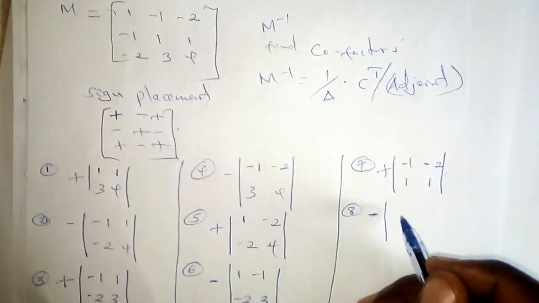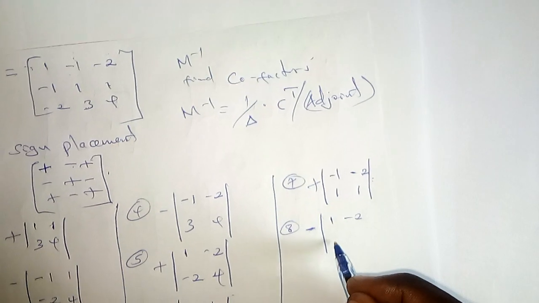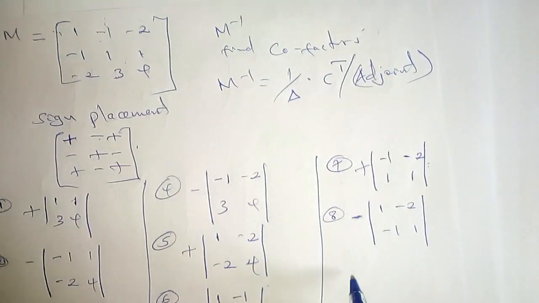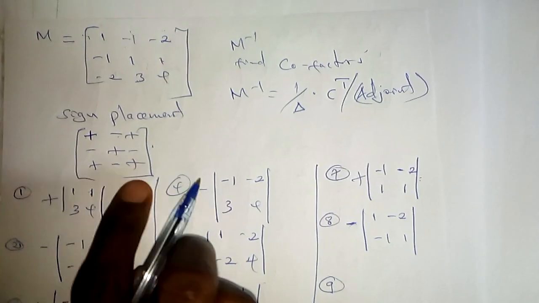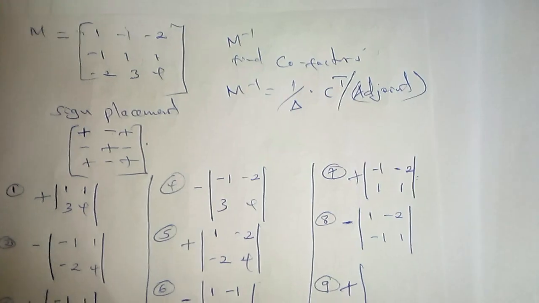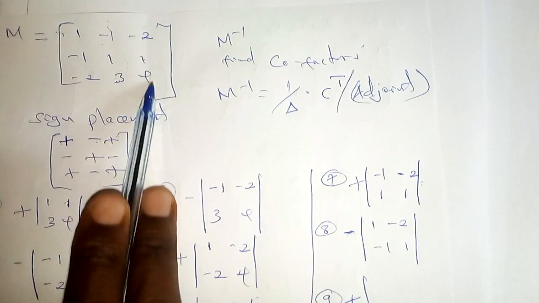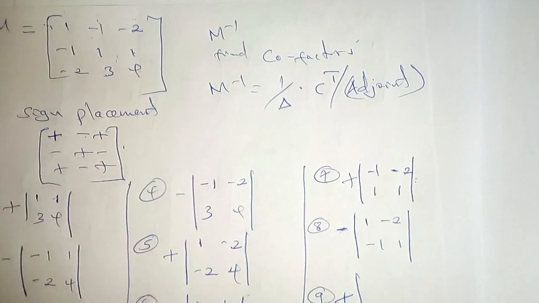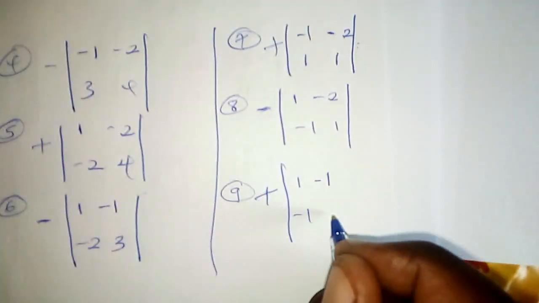The remaining components we have 1, negative 2, negative 1, 1. And the last cofactor is positive. We block the last column and the last row. So it becomes 1, negative 1, negative 1, 1.